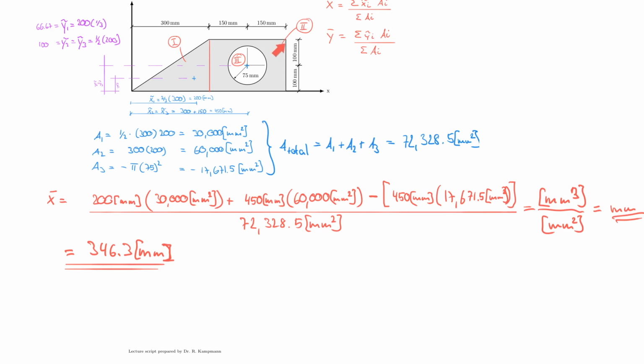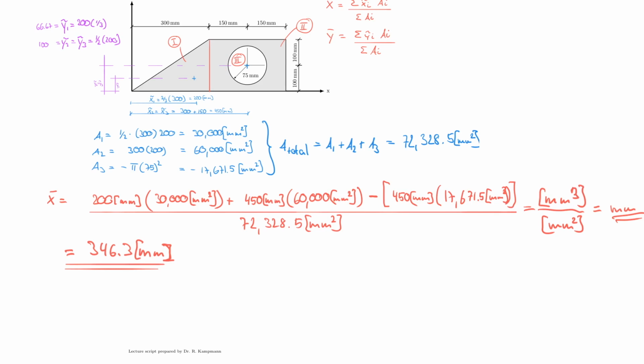If I were to have a rectangular block that was completed like this, no triangle here, no circle taken away, then we would know from the very beginning that our centroid would be here. However, we removed a triangular portion here. That means our centroid location would move to the right. And then we removed the circle, which means our centroid location moves a little bit back to the left. And so the 346.3 does make sense.